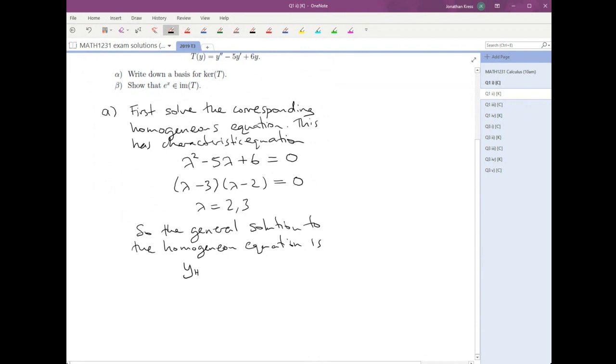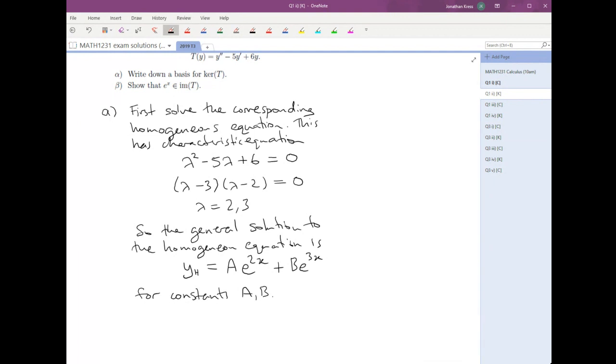This is a solution to the equation where I put a 0 on the right-hand side. And it's a linear combination of two solutions, e to the 2x and e to the 3x. The 2 and 3 are the values of lambda, and a and b are constants. Okay, so that's the solution to the corresponding homogeneous equation.